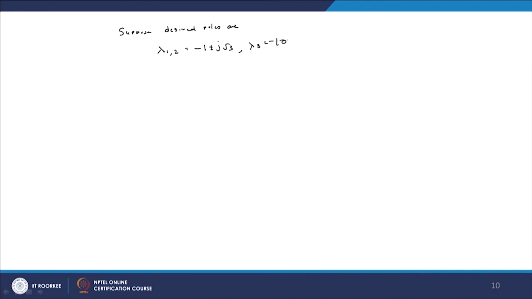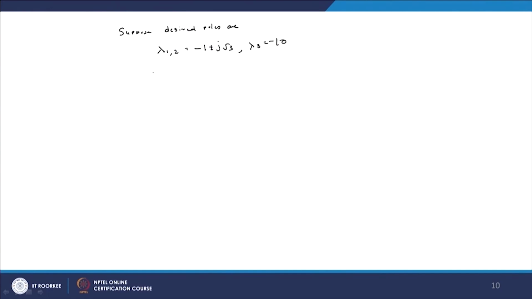Why have we taken 3 poles? We could take lambda 4 and lambda 5 also, but your original system is of third order, which is why we consider only 3 poles.